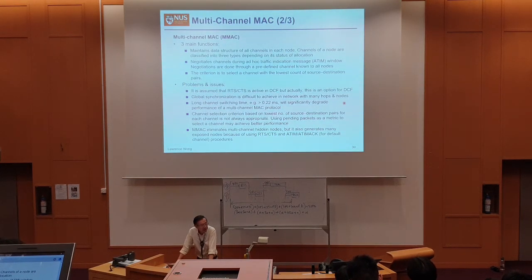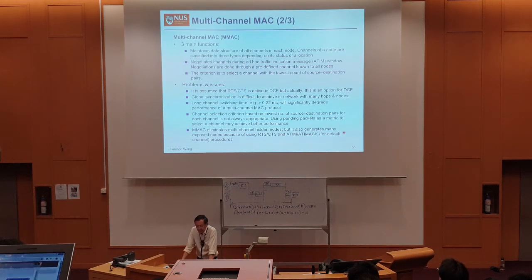Synchronization has to be done, so there's extra effort here. The time that it takes to switch from one channel to the other makes it inefficient, because 22 milliseconds is quite a long time. The criteria based on the least number of source destination pairs may not necessarily be the best criteria.